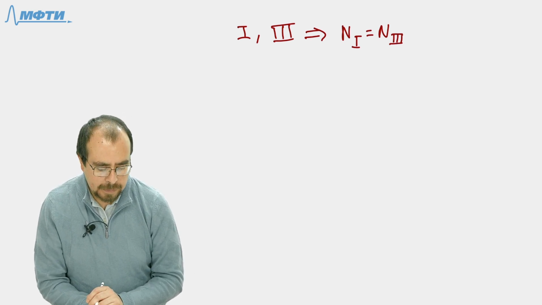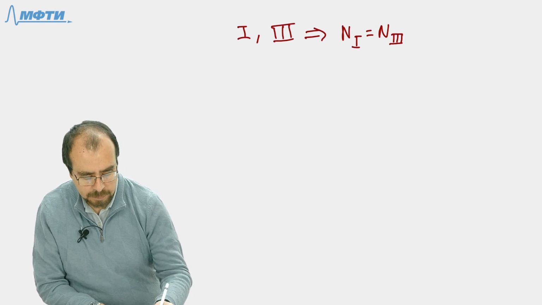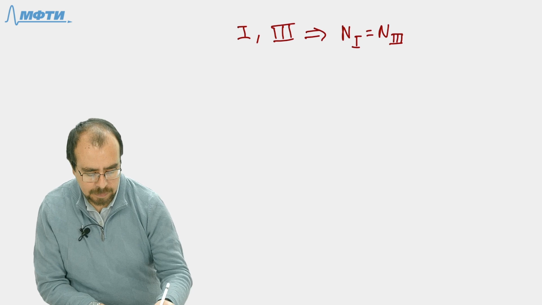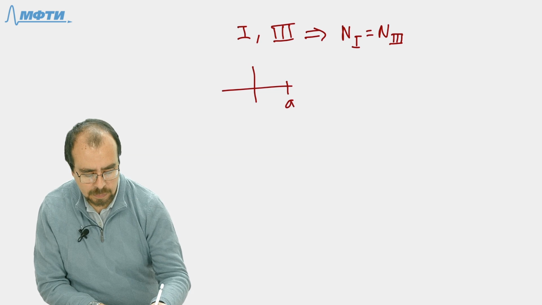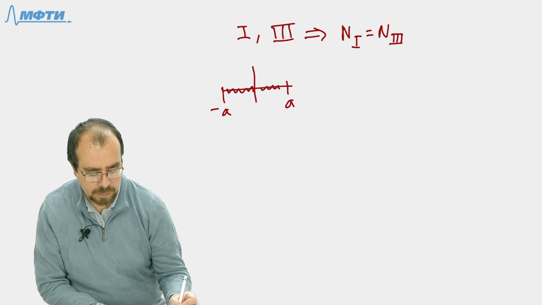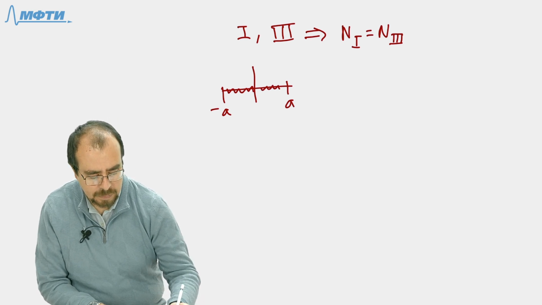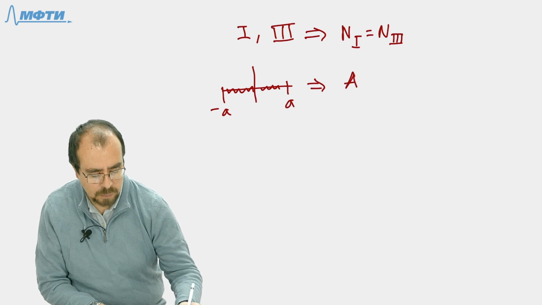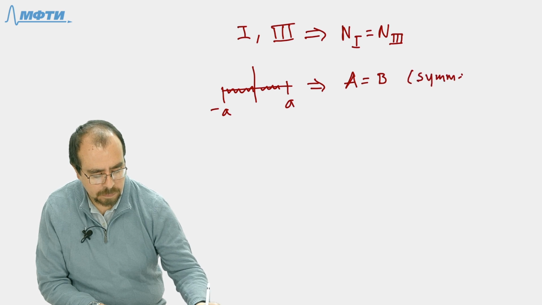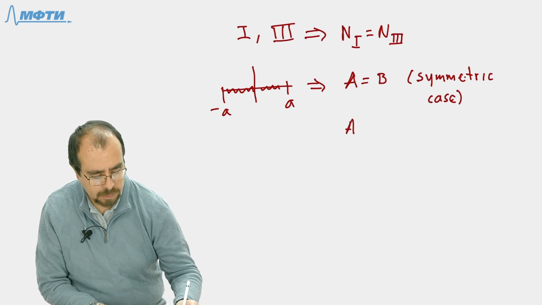And in the case of the region between minus A and A, between this region and this other region, there is no predilection. So that means that either A must be equal to B in the symmetric case, or A will be equal to minus B in the antisymmetric case.